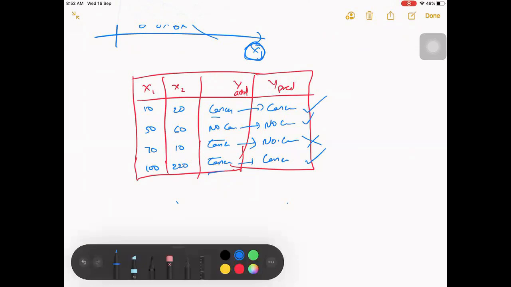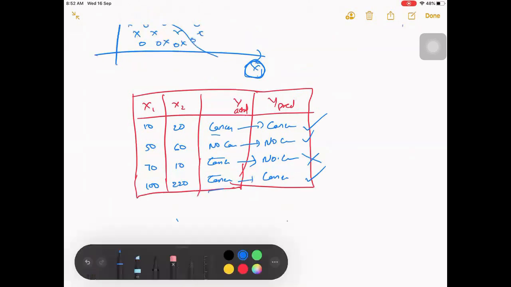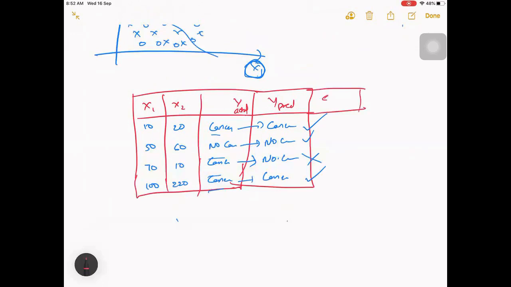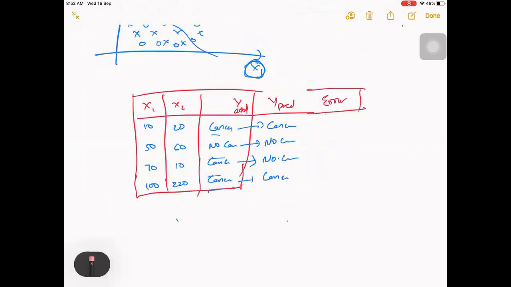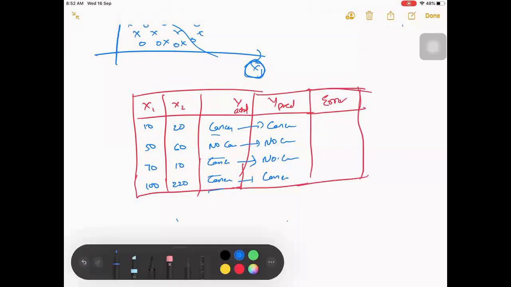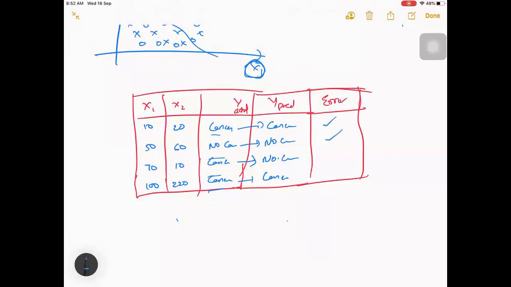Only this kind of thing is possible. It's not like we again get some error value, and from that error value we do a gradient descent or something like this. So such a thing won't be possible here. The only thing possible is the error, which will be a comparison between these two, where it is doing correctly or not. It is doing correctly, it is doing correctly, it is not doing correctly, it is doing correctly. Only this we can get.